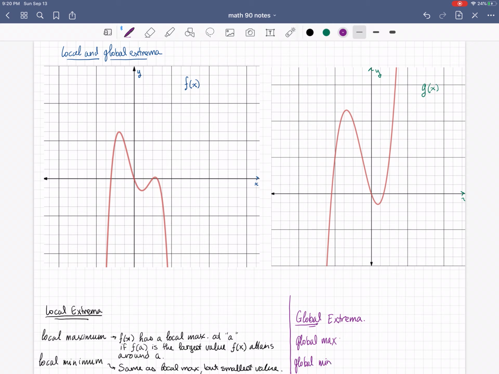Okay. And the idea of a global max is that nowhere in the domain are you going to attain a larger value. So f of x has a global max at A if f of A is the largest output achieved anywhere on the domain.